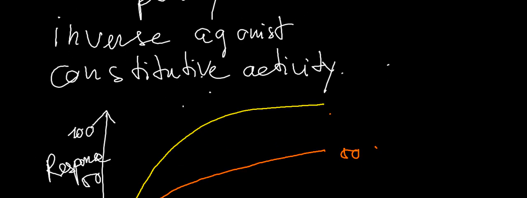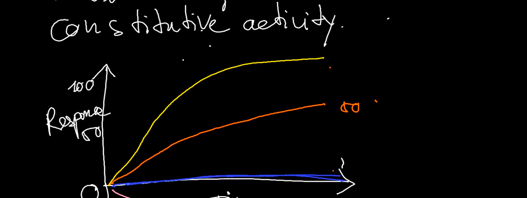And here we have the inverse agonist. The inverse agonists stabilize the receptor at their basal state, because in the basal state the receptor still triggers some constitutive activity in your cells.